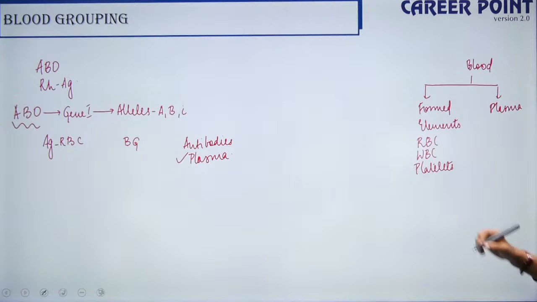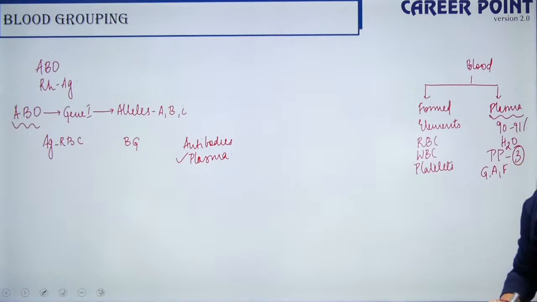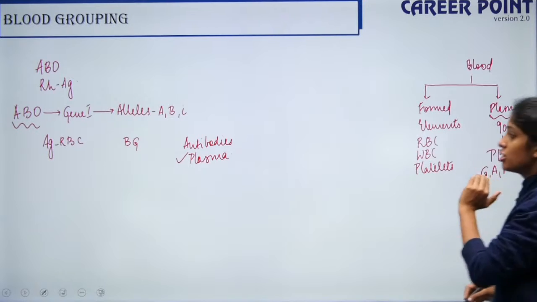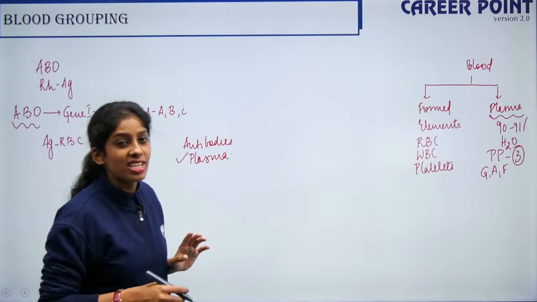Your plasma is the liquid portion, so it has 90 to 91% water. The remaining is what is known as the plasma proteins. We have 3 plasma proteins, that is globulins, albumins and fibrinogens. I guess this base is clear. Now, because I said plasma contains antibodies, we went on to talk about that.